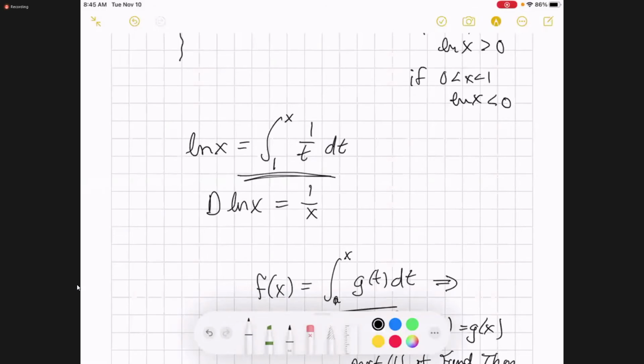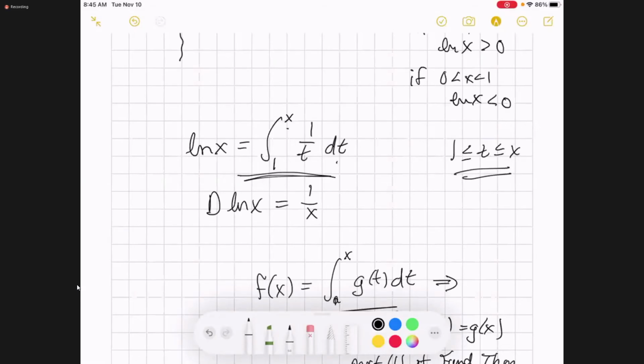When you define a function this way, t always represents a number between 1 and x. That's why whatever this letter is cannot be the letter inside the integral.